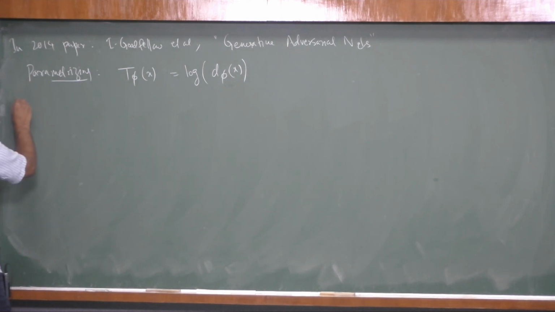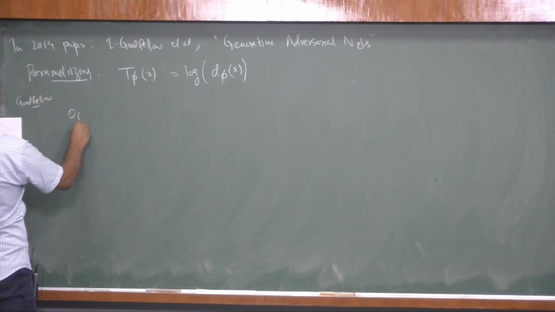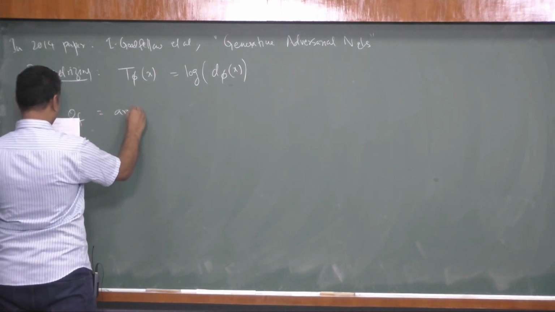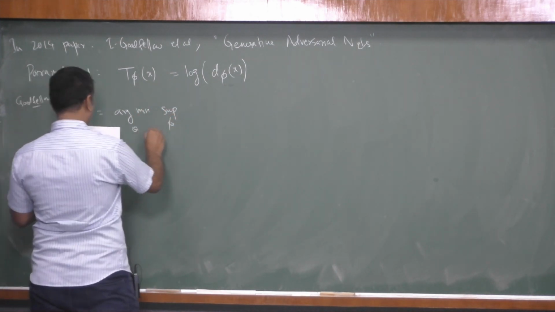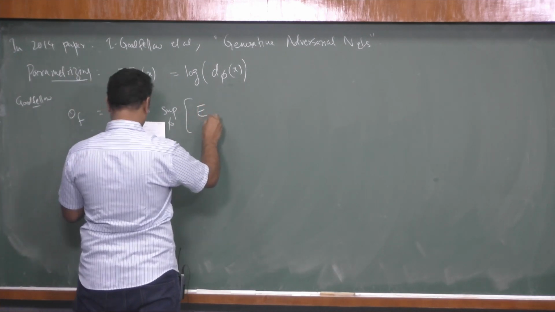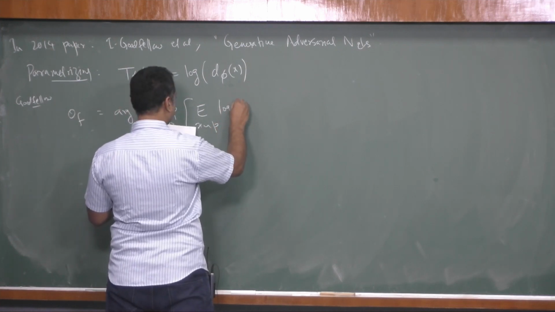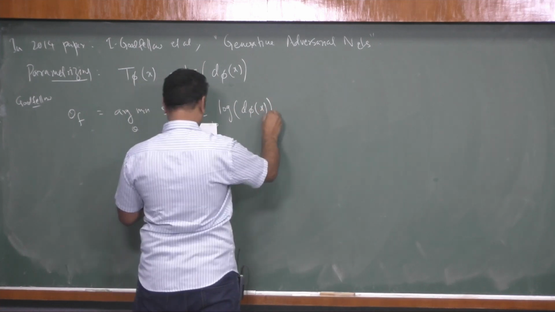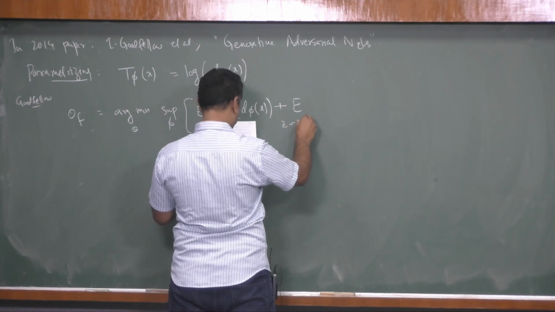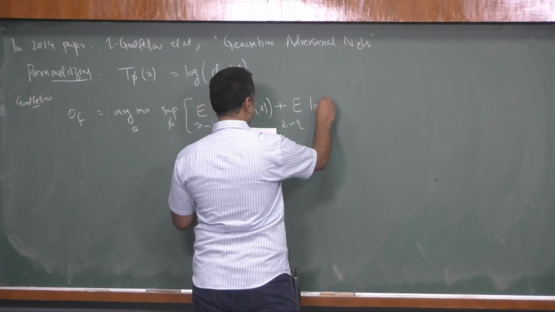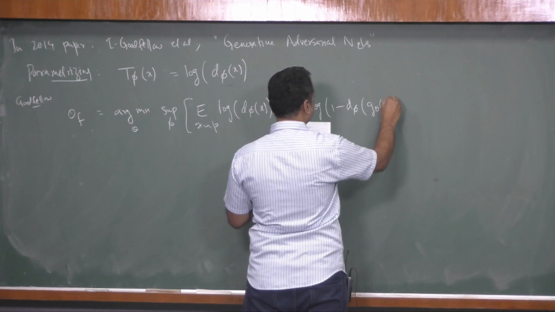This is the Goodfellow objective. So theta is arg min sup over phi of the expectation of x from p of log of D phi of x, plus the expectation of z from q of log of 1 minus D phi of G theta of z.